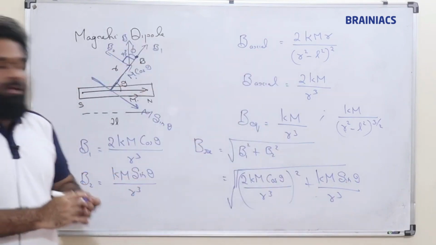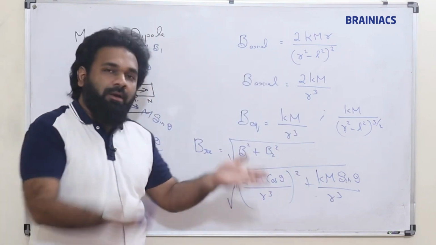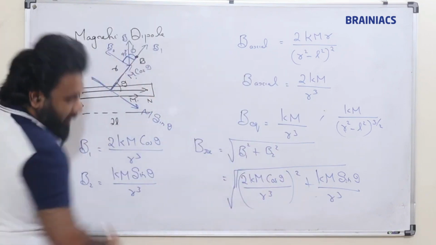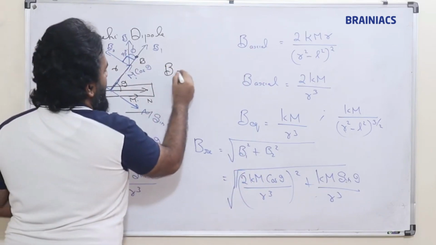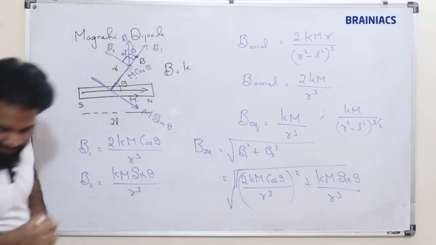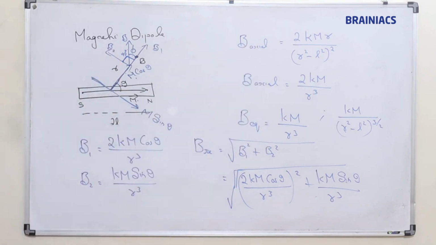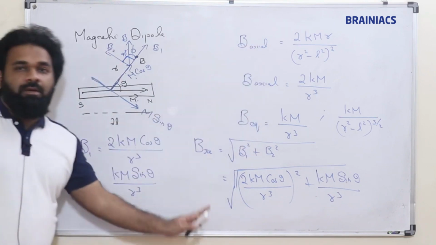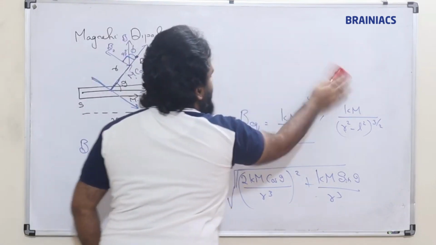So this one we will have to solve. Here km divided by R cube we can take outside. So B is equal to km... Complete till this, please. I will have to erase that point. Pause the screen and copy this. Now I shall erase this.